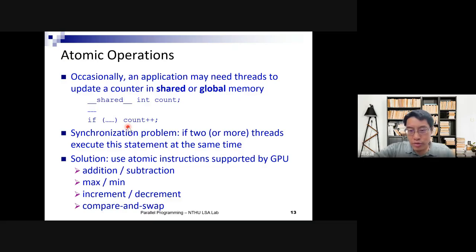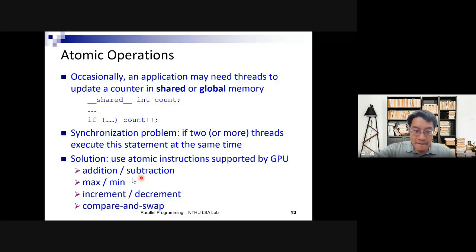The GPU has hardware logic to support that, so that lock and unlock will apply on those operations and make sure they are mutually exclusive among all the threads.